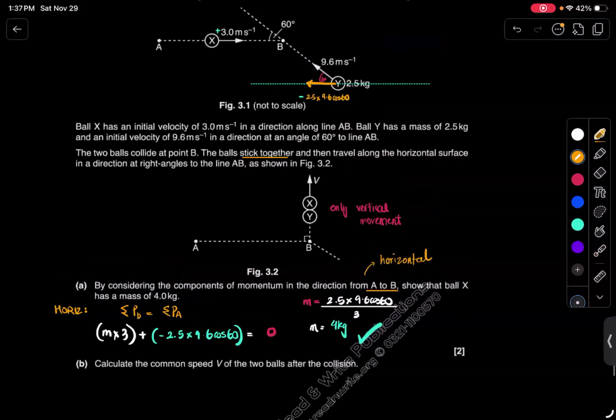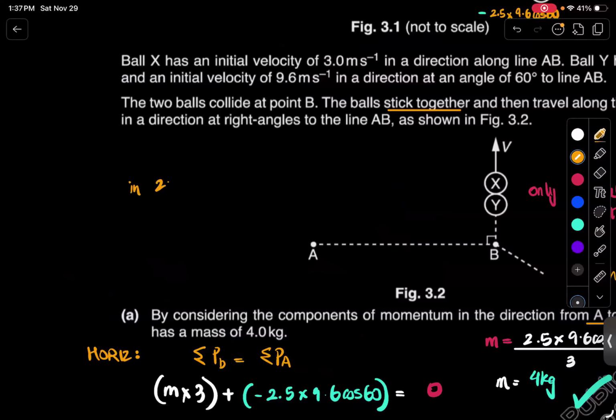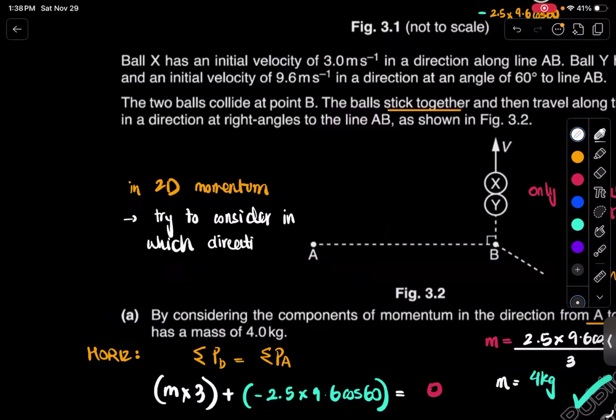Now, you've got to be careful about the directions. Keep in mind, in 2D momentum, it will always be easier to consider in which direction momentums add to zero, because that will make your life much easier.